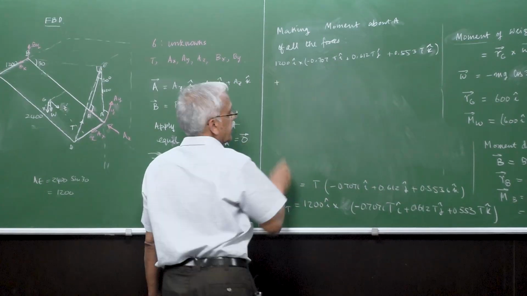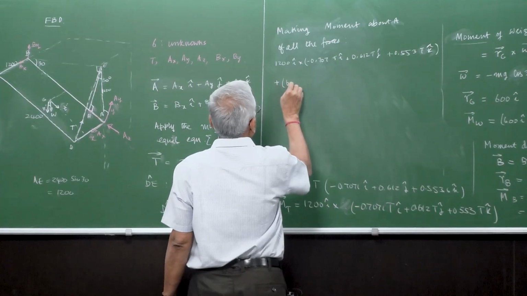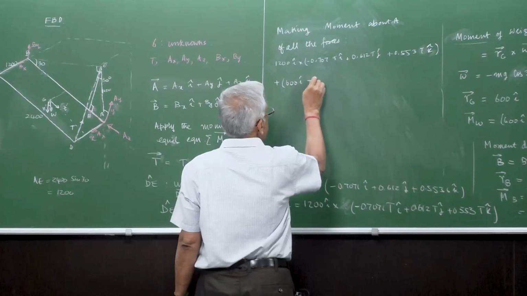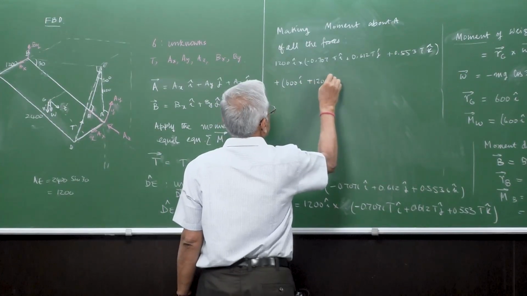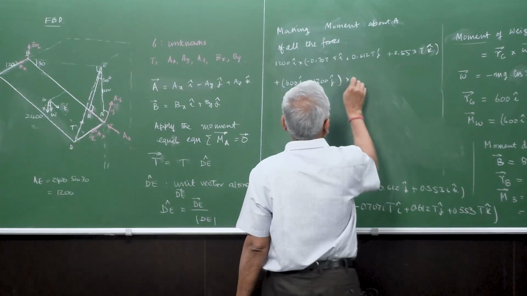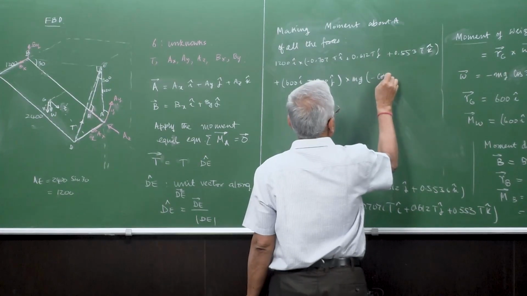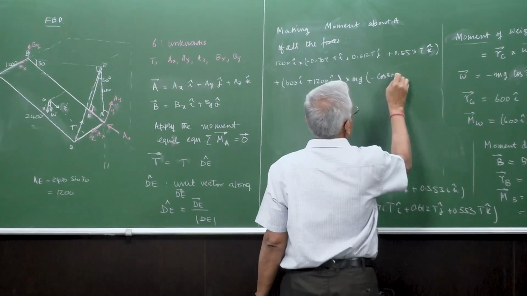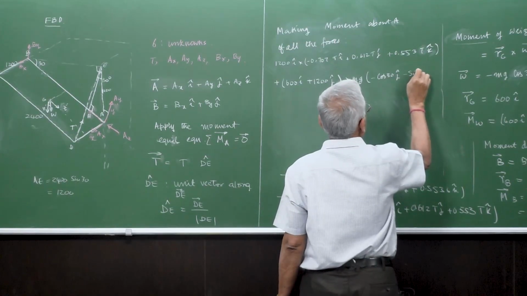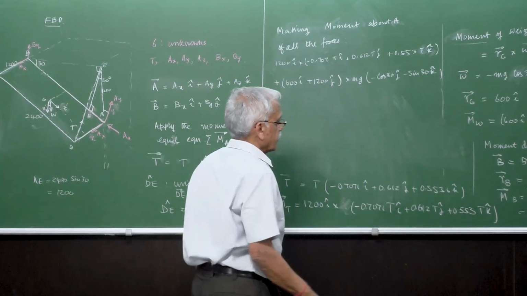And then the moment of the weight here. So it is 600 i plus 1200 k times mg minus cos 30 j, okay, this is of this.